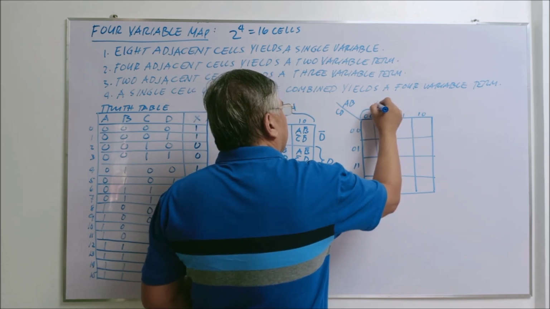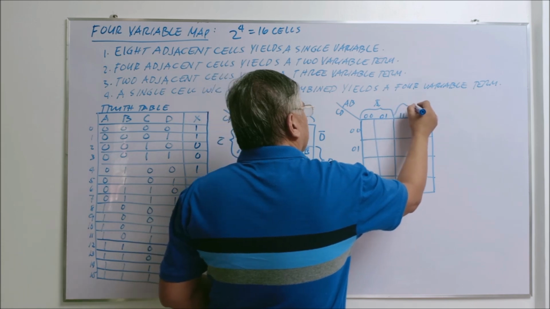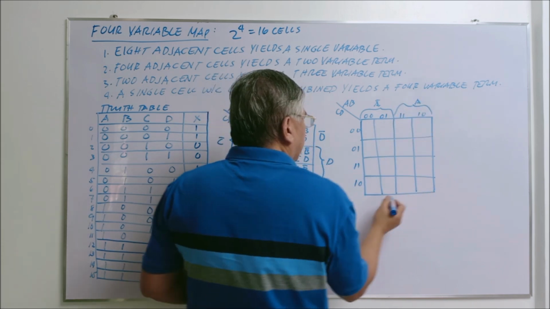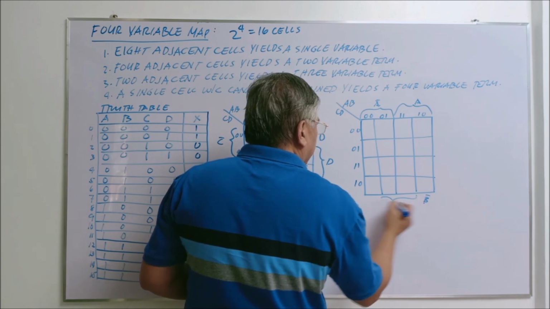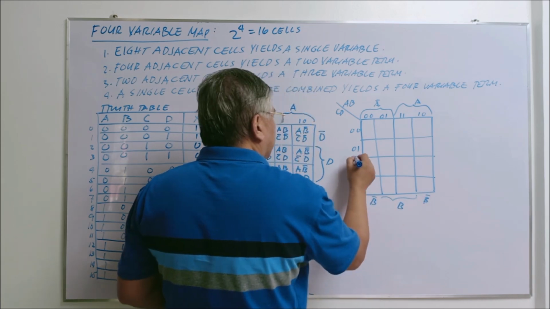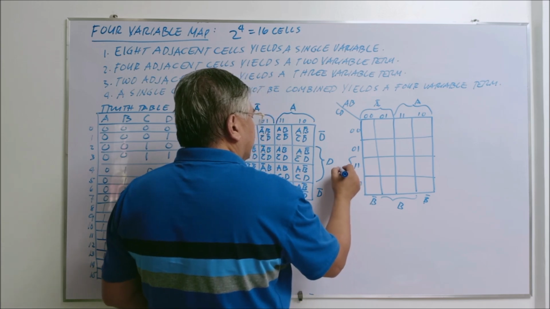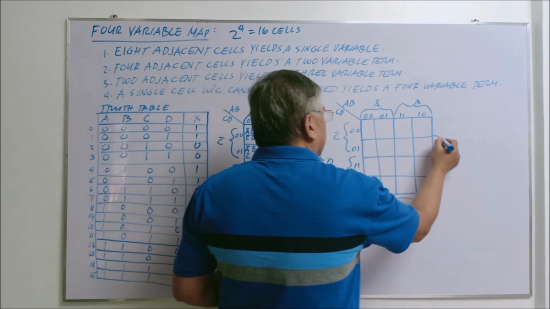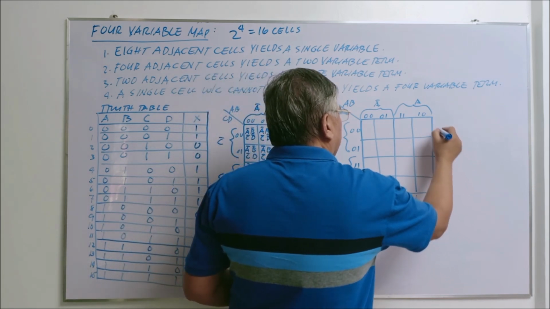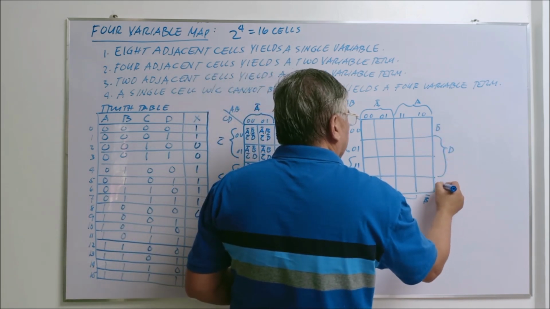This one here belongs to A bar. These 8 cells belong to A. These 8 cells belong to B, B bar, and B bar. This one here belongs to C. This one here belongs to C bar. And this one here is for D, D bar, and D bar.